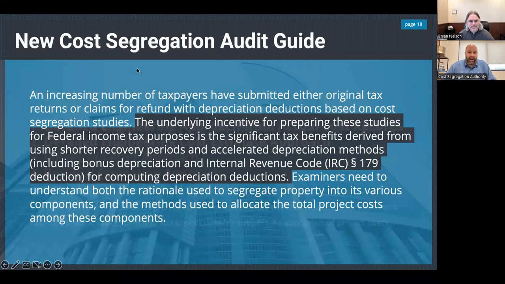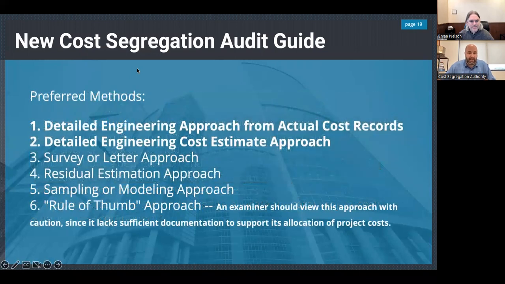Now, the correct way, this is my favorite slide of the whole presentation. Again, directly from the audit guide, these are the six preferred methods to do cost segregation. Number one is a detailed engineering approach from actual costs. That's pretty straightforward. You build a brand new building, you have a list of actual costs, you give it to your cost seg provider, they segregate it, split it up, give it back.